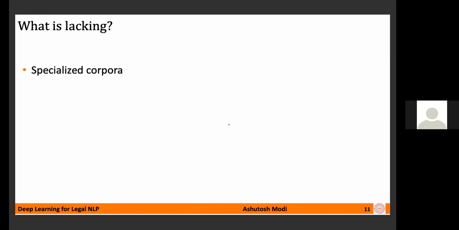But suppose you manage to get some annotations using legal experts, you may not get them in huge quantities, right? So you will have a small number of these annotations. This also motivates the development of techniques like zero shot learning or few shot learning, which can generalize from even a smaller number of examples, basically.